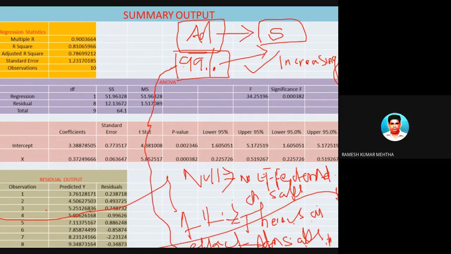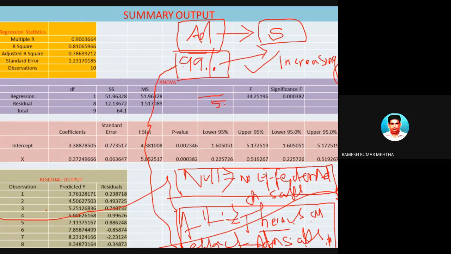So we are going to have an alignment with the alternative hypothesis. What is our alternative hypothesis? The alternative hypothesis is 99%. Means only a 1% chance of the null being accepted, whereas there is a 99% chance that the alternative hypothesis is going to be accepted. So the cutoff is 5%. If the result is within 5%, then remember that null is rejected and alternative is accepted.